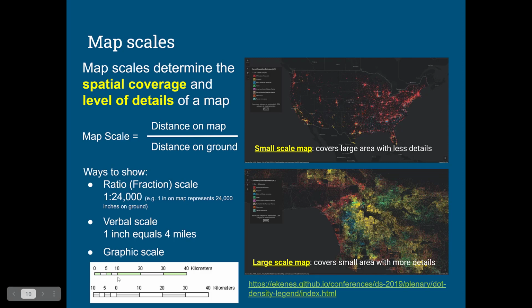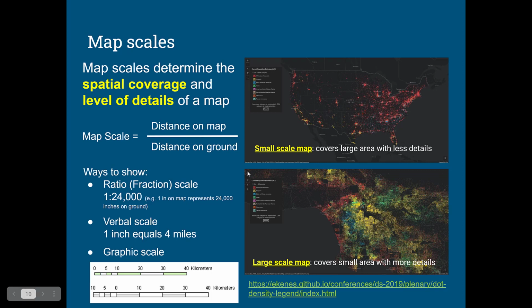You can use this graph to represent, this green bar right here represents 10, whatever it measures on the map. This long represents 10 kilometers on the ground. So many ways, you will see that a lot on your topographic map, for example.